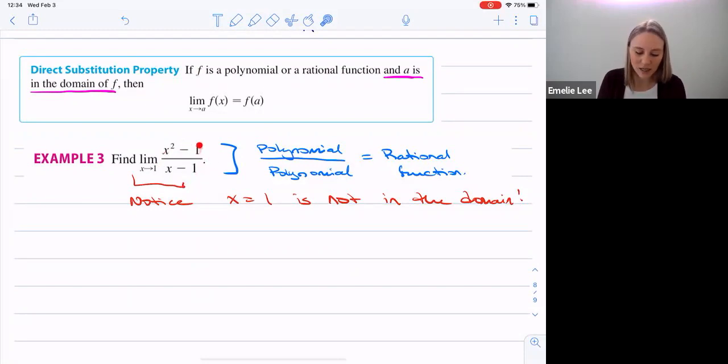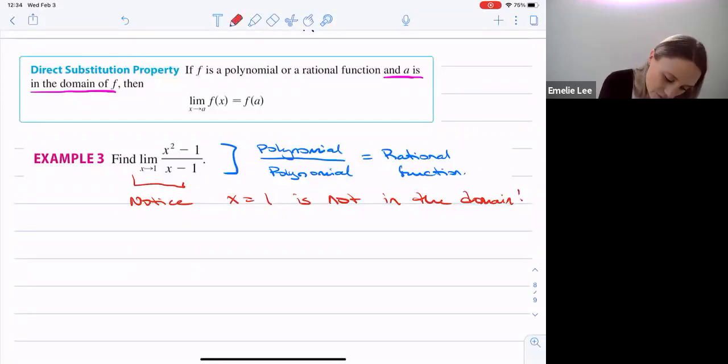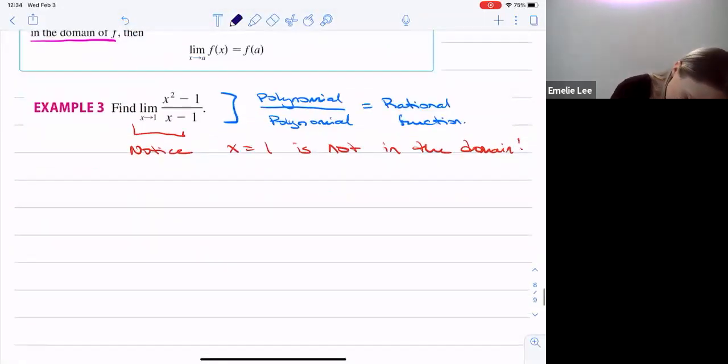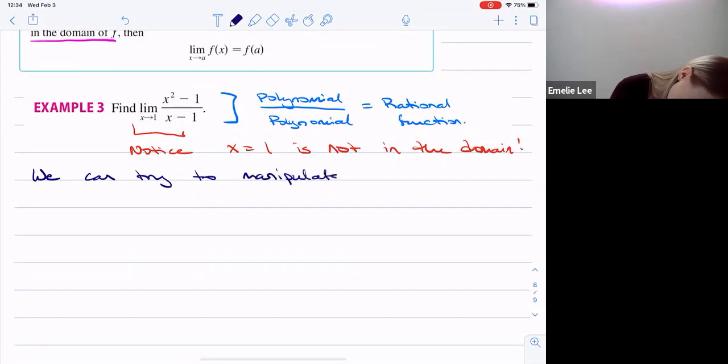I can manipulate this function without changing it to evaluate the limit. And so that's one of the tricks that we're going to use. So we can try to manipulate the function, right, without changing it.